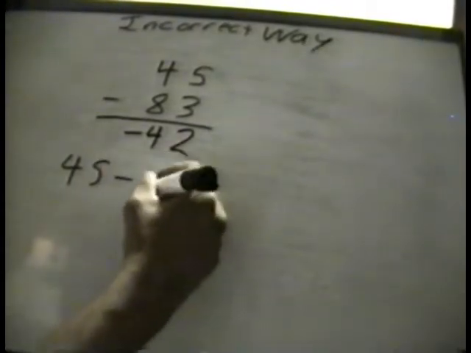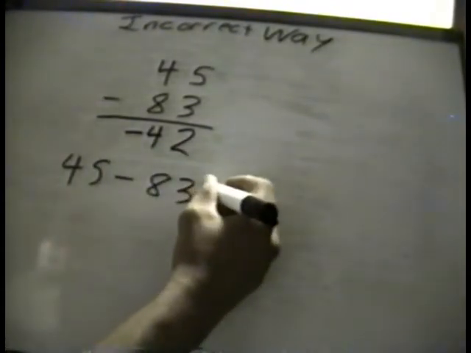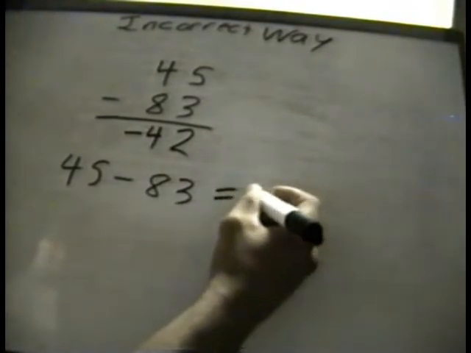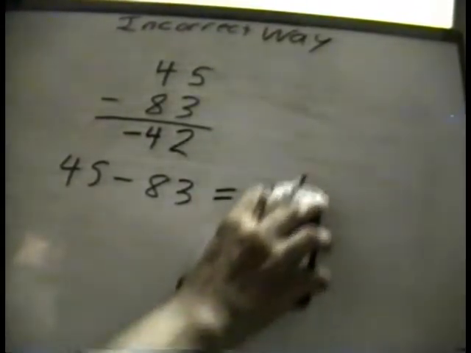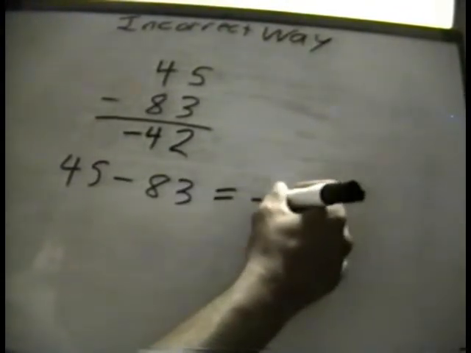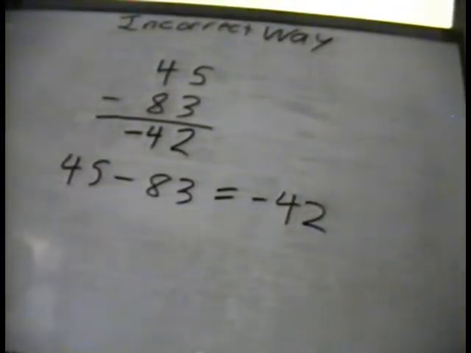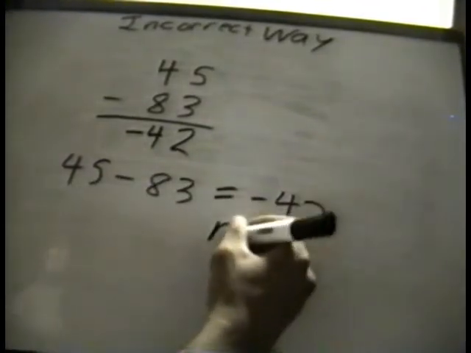So here what we're saying is 45 minus 83 is negative 42. So 45 minus 83.